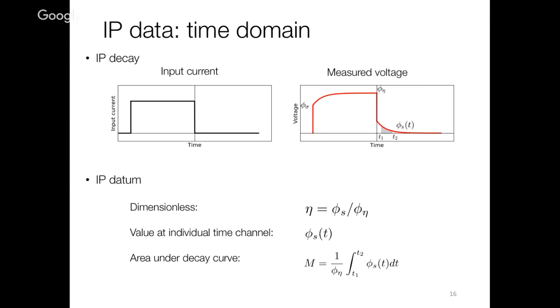So we're going to say that all of these decaying potentials that we see are all due to those accumulated charges. We're going to call that the secondary potential. So that's why this is an S here. We could measure the secondary potential at a particular time, or we could do the integral of that over a different time channel, or we could normalize it.